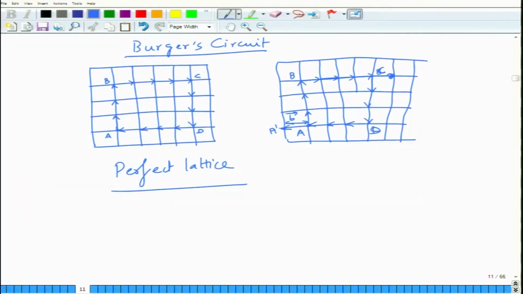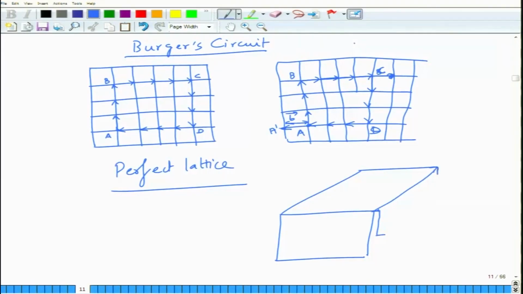This Burgers vector is perpendicular to the dislocation. If I draw the 3D diagram, this is your extra step that has formed somewhere here, and this will be the back side of the crystal.